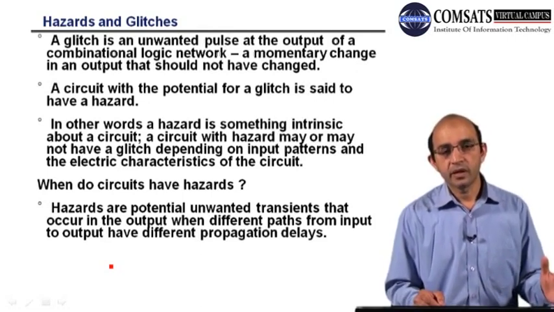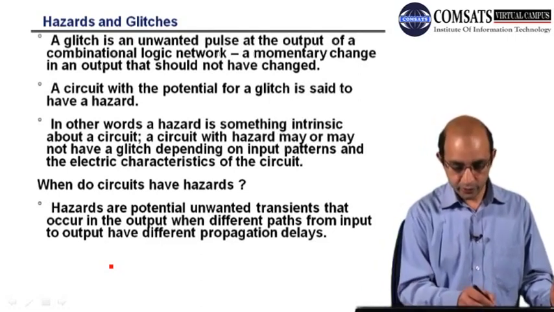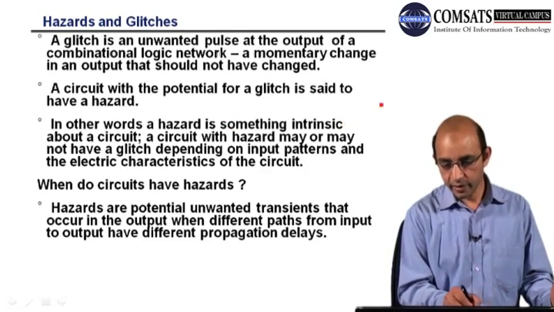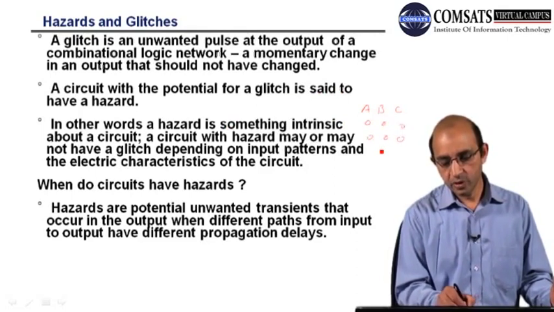Like if we have a circuit and, for example, we have a different number of variables, like A, B, C. So we can have different possible combinations: 0, 1, 0, 1, 0, 0.